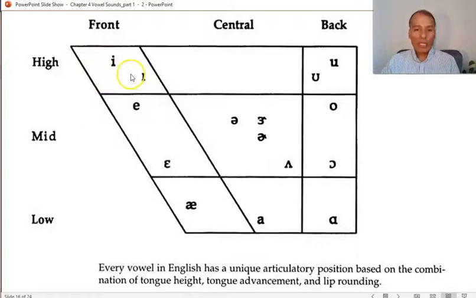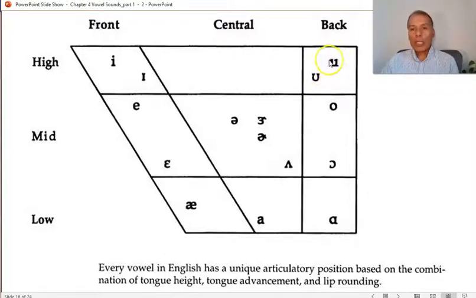To make it easy for you, the only rounded vowels are the back ones. Most of the back, 4 of the back ones, 2 of the middle ones. There are 6 in all. So these are high front sounds. The U and O are high back sounds, high back phonemes. U is tense and O is lax.